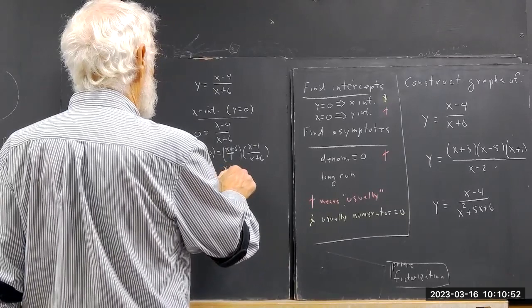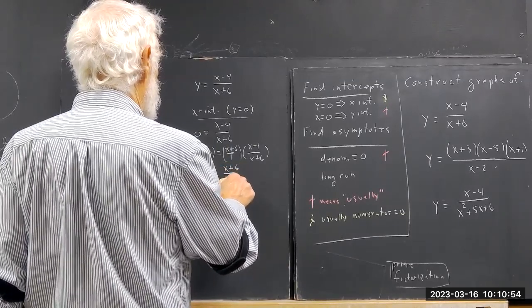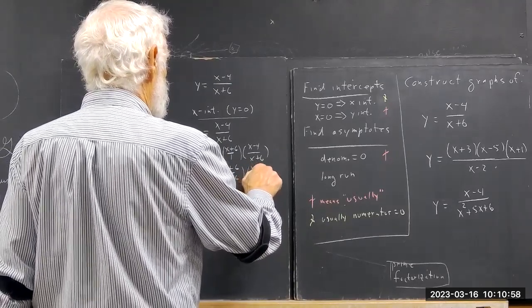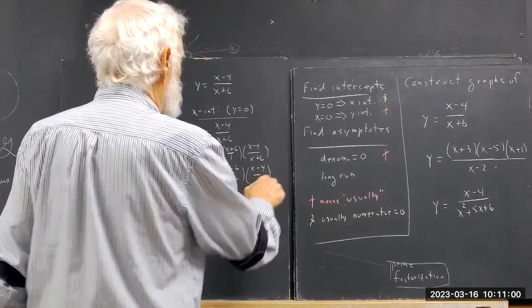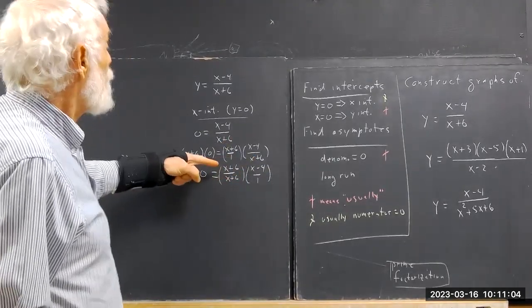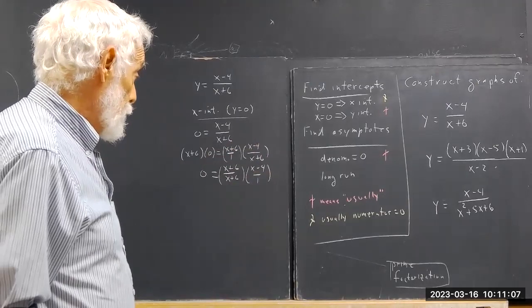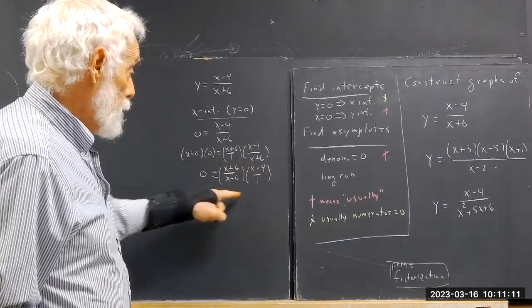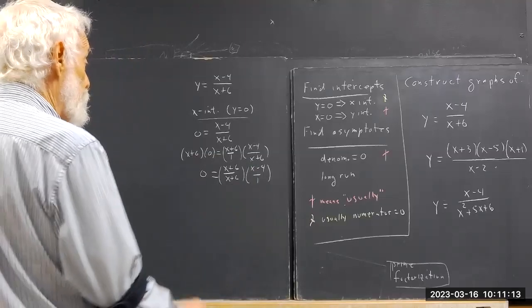I would write out the details of that. I don't necessarily expect you to write out the details every time, but since we can write it this way, if I multiply the numerators, I get the same thing I did up here. If I multiply the denominators, I get the same thing. So it's got to be exactly the same.